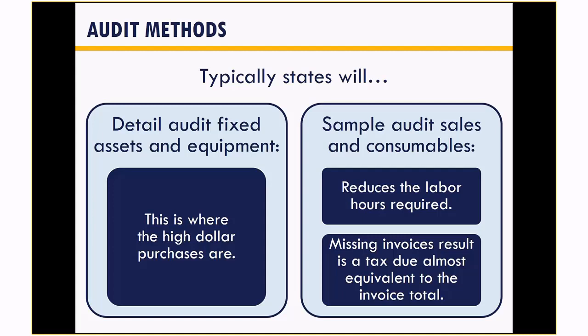They will typically then do a sampling of your sales and your consumable purchases. They may pick a whole year out of a 3-year period. They may pick a couple of months out of each of the 3 years they're going to audit.